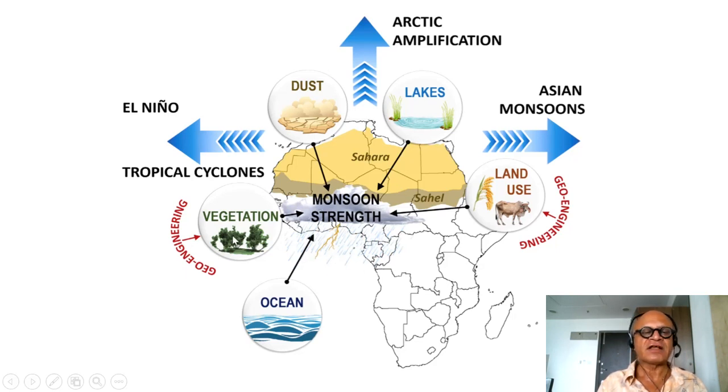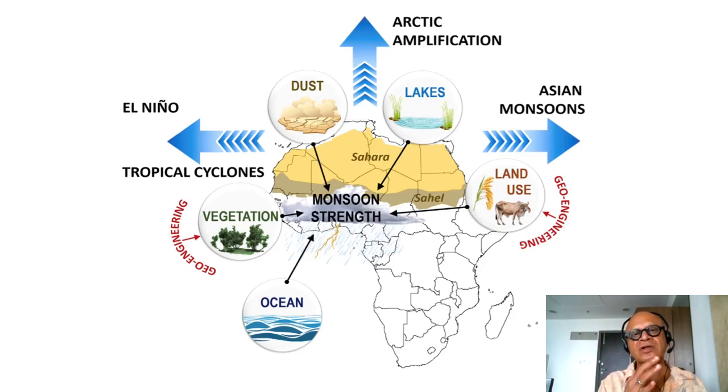So there are local factors like vegetation, ocean and land use that matter, and then there are remote forcings like El Niños and their interactions with the Asian monsoon, again through the so-called monsoon desert mechanisms, which I won't go into, but there are also easterly jets coming from the monsoon region over the Indian Ocean into Western Africa and so on.